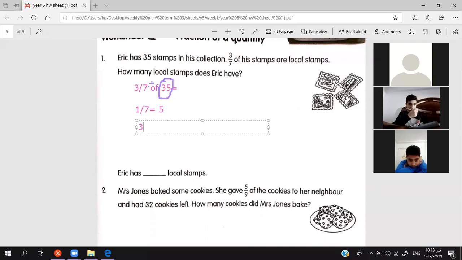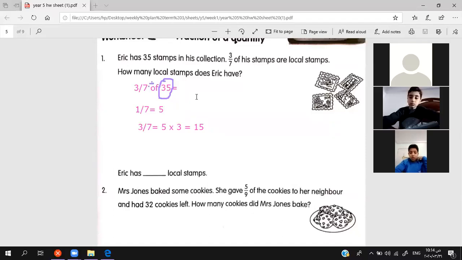So what will I do? I will multiply the 5 I got with the numerator, which is the 3. So it's going to be 15. So my answer is 15. Okay, so the first step I do, divide the number I have with the denominator, and always know that when I do this it's only one part from the fraction.